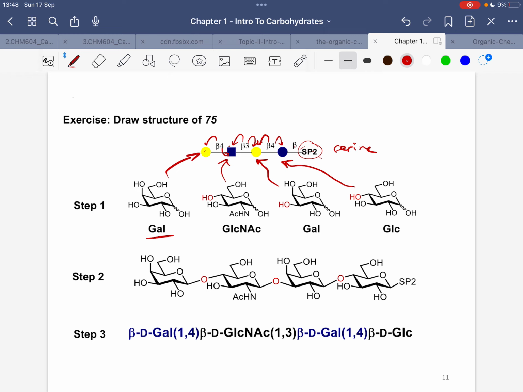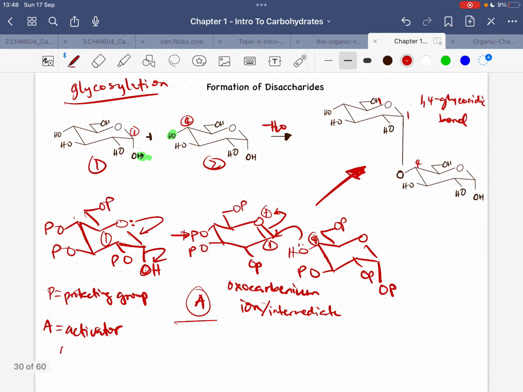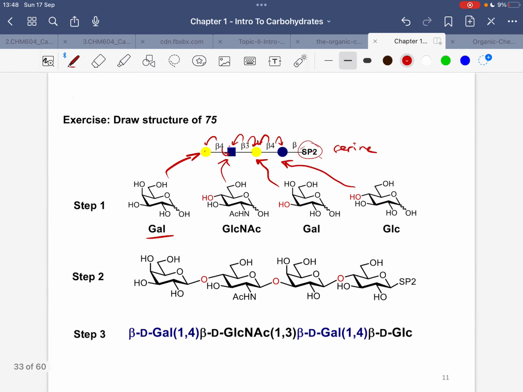So step 2 is you need to join them together. The mechanism is the same as what I discussed, via an oxocarbenium intermediate. So that is why it's beta 4, because relative to the anomeric, I will first label the anomeric carbons. So the O here, the OR group, is equatorial.